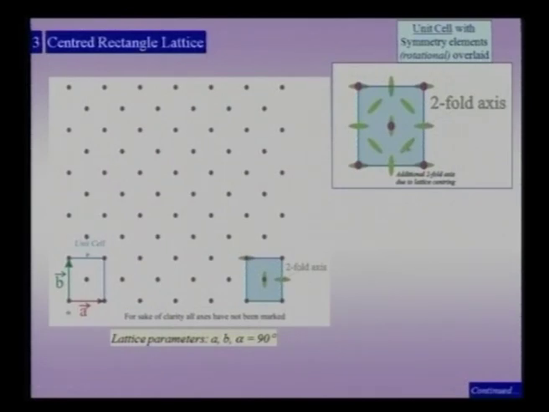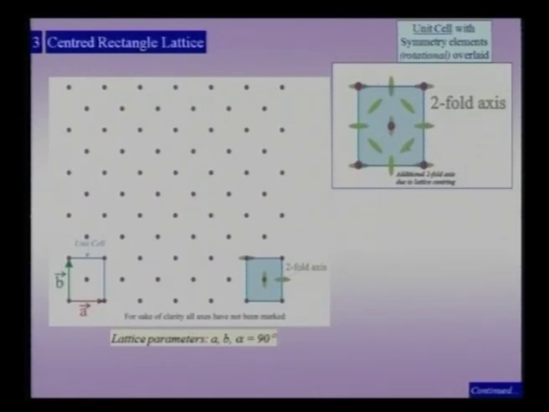The shortest lattice translation vector, as in the previous case, happens to be A. The important thing to note here is in terms of the symmetry of this lattice, which is shown here on the right hand side in detail. Here, apart from the corners, which originally had a two-fold axis in the case of the normal rectangle lattice, and the cell edges, which also had a two-fold axis at the center and a two-fold axis at the center of the entire unit cell, there are additional two-fold operators which are midway between the two lattice points.